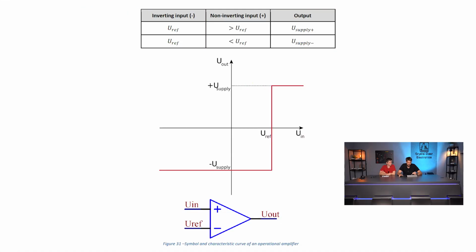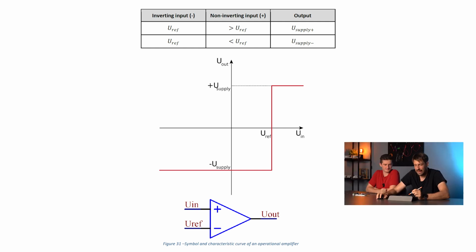The output will be at the positive supply voltage if the compared voltage is higher than the reference voltage. The output will be at the negative supply voltage if the compared voltage is lower than the reference voltage. This means that the output voltage of the operational amplifier shows whether the compared voltage is higher or lower than the reference voltage, meaning that this circuit is a comparator.